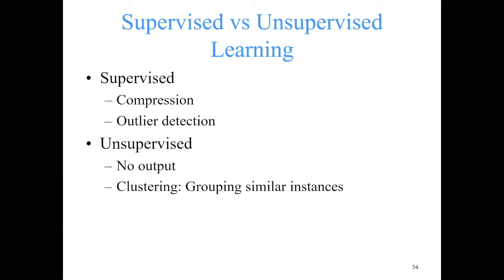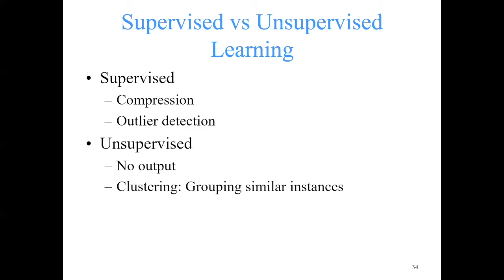Another useful technique for statistical process control is supervised and unsupervised learning. A very basic supervised learning technique is regression. Other advanced techniques are compression for large data and outlier detection. Unsupervised techniques are used when you don't have an output.